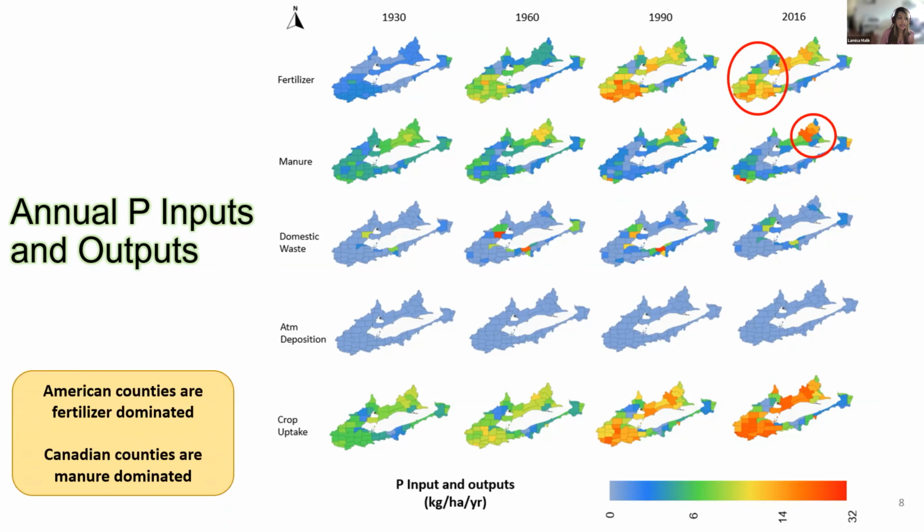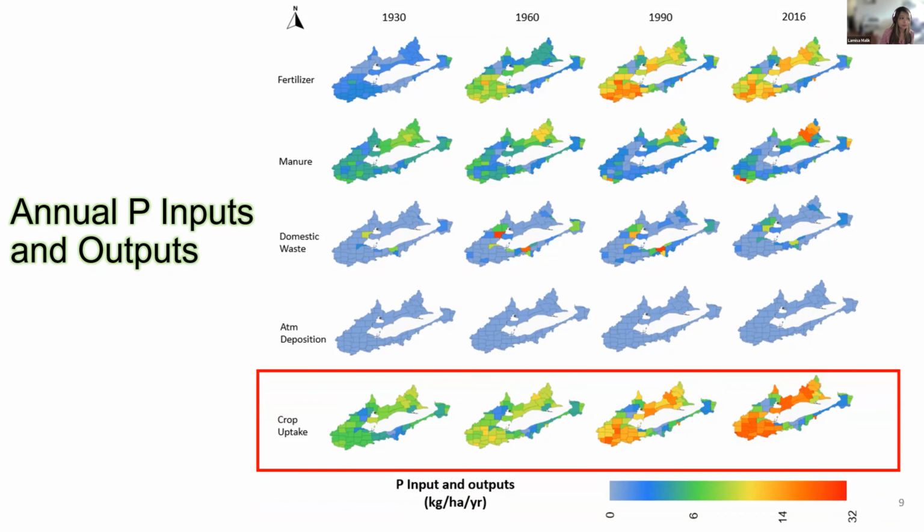At present, inputs on the western side are dominated by fertilizer, and on the eastern side in Canada by manure phosphorus from livestock farms. And crop production has increased over the years, primarily due to increased crop yields and the introduction of new cropping varieties.